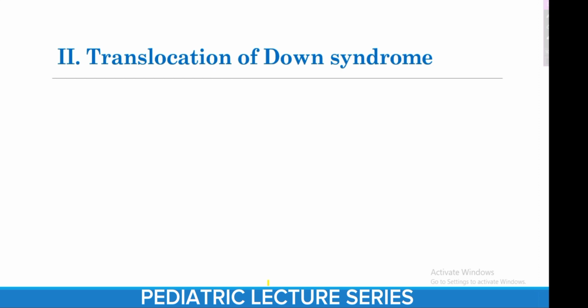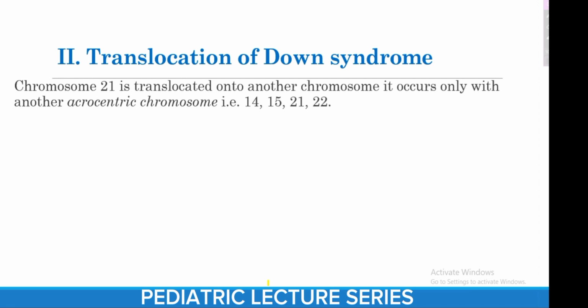The other condition that explains Down syndrome is translocation. Here, chromosome 21, for some reason, gets translocated onto another chromosome. Remember, in the body, each cell has chromosomes 1, 2, 3, 4, 5, 6, 7, 8, up to 23. In this case, chromosome 21 gets translocated, for example, onto chromosome 14.